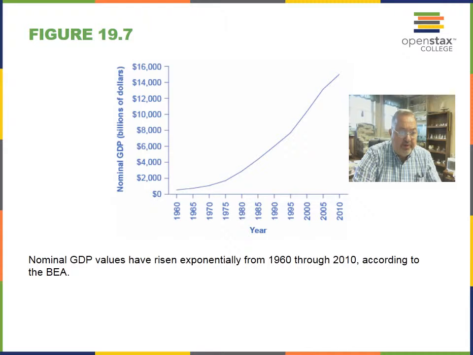Figure 19.7 shows our nominal GDP from 1960 to close to the current, to 2010. Nominal GDP is dollars that aren't adjusted for inflation. Those are not real dollars, but nominal dollars. So this is the dollar amount of the GDP during that period of time.